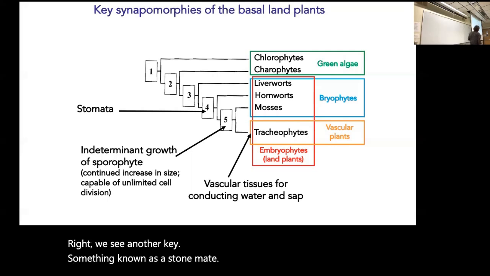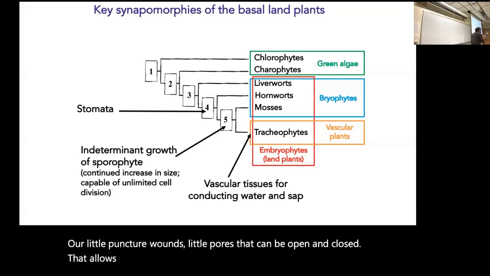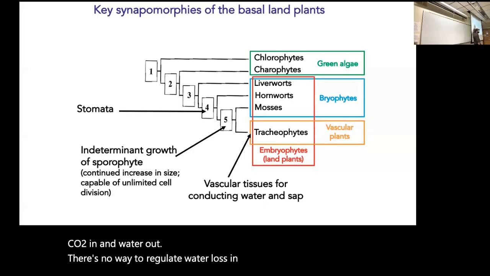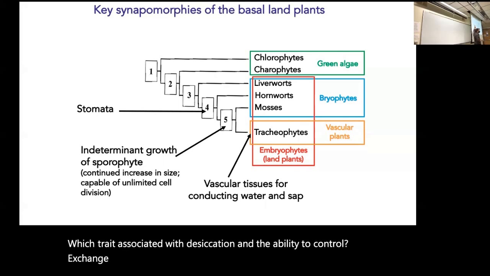A stomate, or plural, stomata. Stomata are little pores that can be opened and closed, which allows for coordinated gas exchange. CO2 in and water out. A way to regulate water loss and CO2 uptake. A trait associated with desiccation and the ability to control the exchange of CO2 and water.